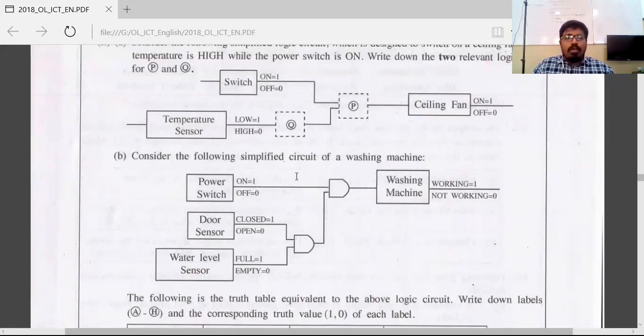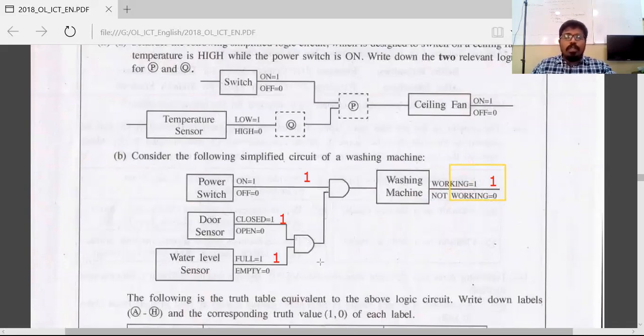Here, this power is on, you will have 1. Door is closed, you will have 1. Water level sensor 1. So in 2 AND gates, to get the output as working 1. Why? Working 1 is Boolean value 1. This is AND gate, this is also AND gate.